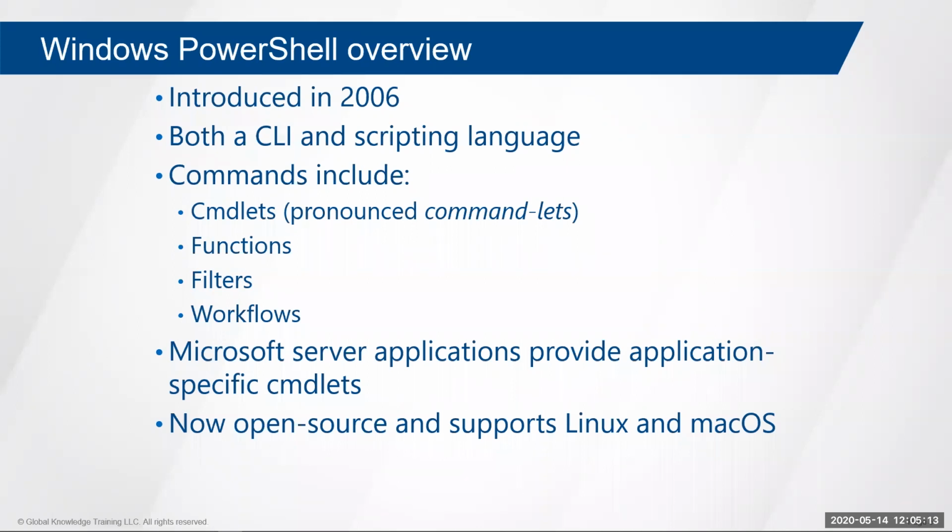Now, when we look at PowerShell, it's an object-oriented language. So if you're familiar with other development languages that use that object-oriented structure, you're going to feel right at home. Commands are referred to as cmdlets, and they follow that verb-noun structure. So get me something, right? Get me a service or set a service. And this allows us to determine what the command does.